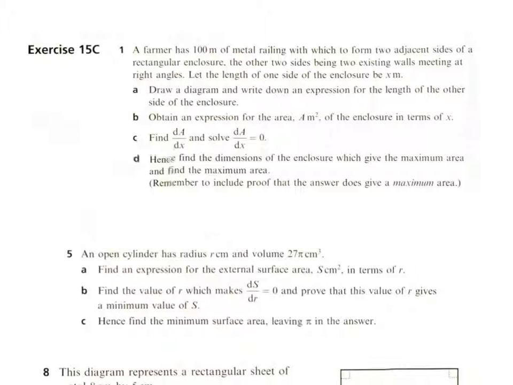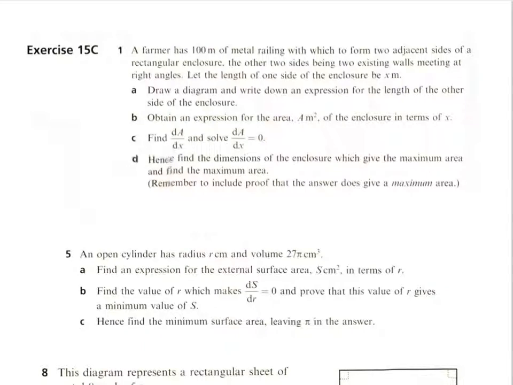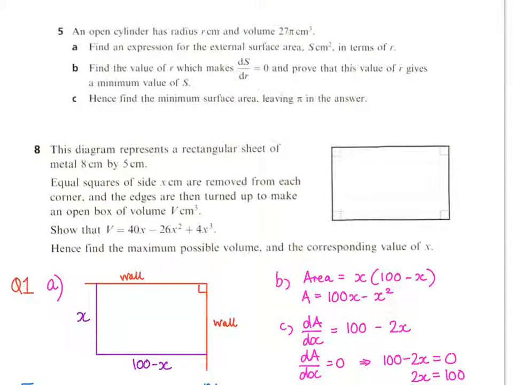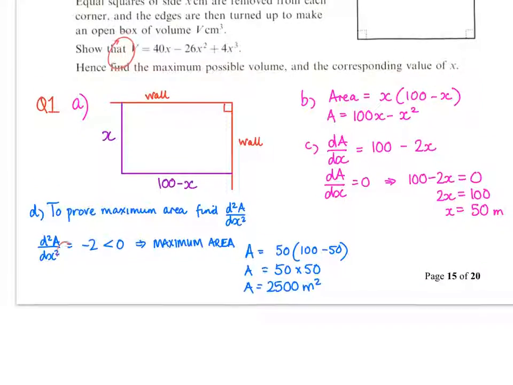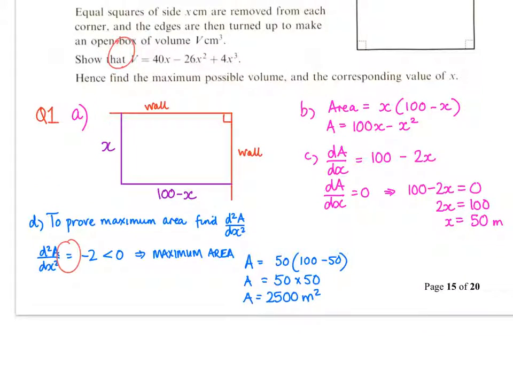Well, the first question, where the farmer had a wall and had so much fencing to put round. Check your answers for that one, please.